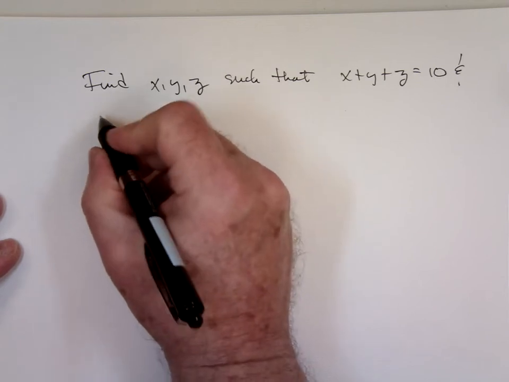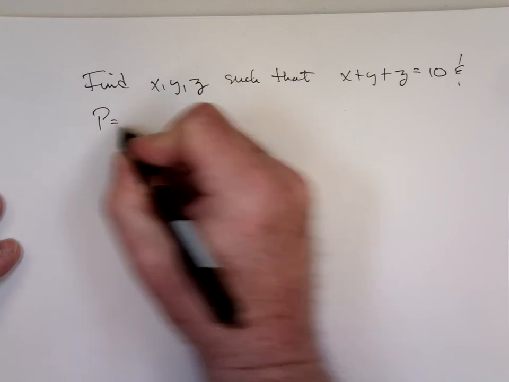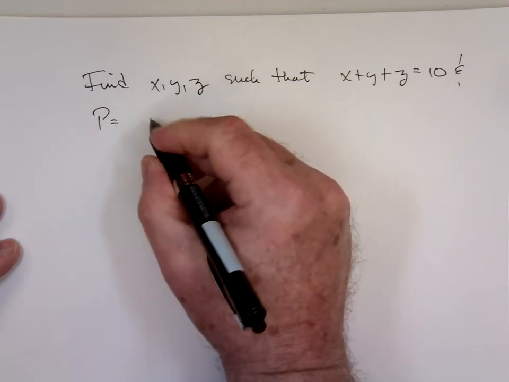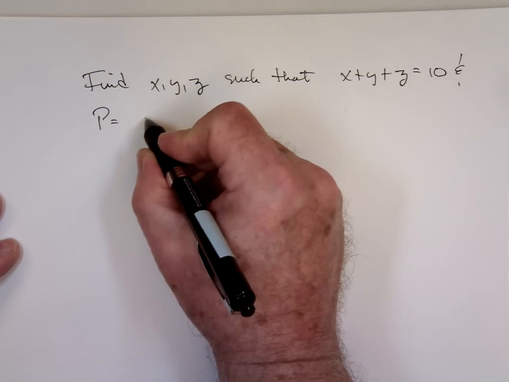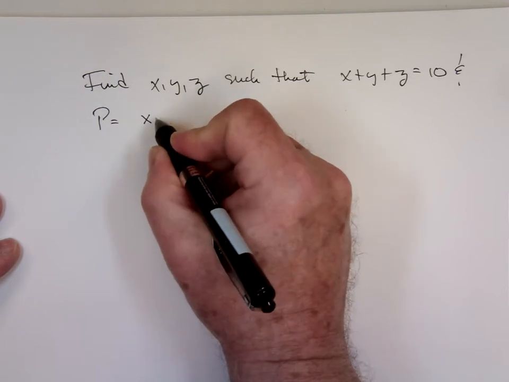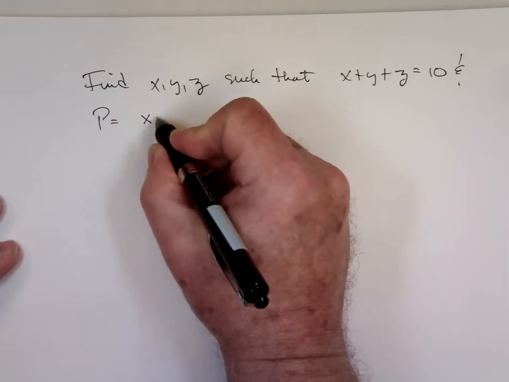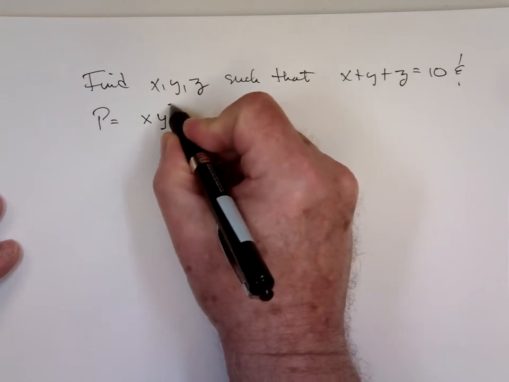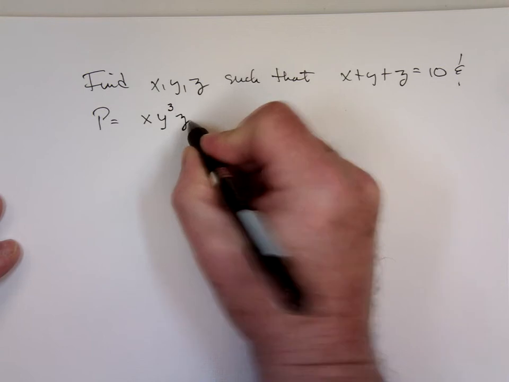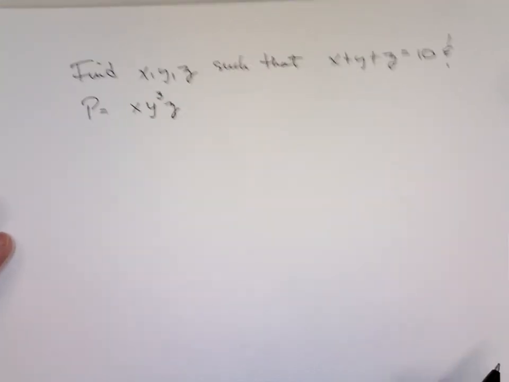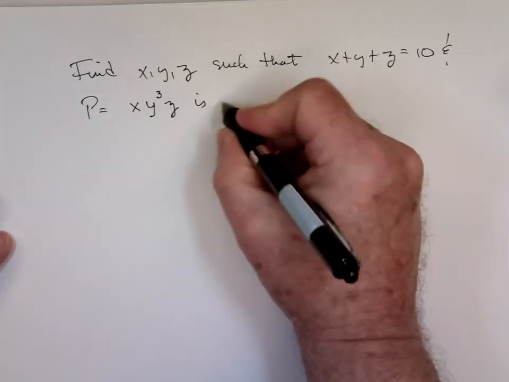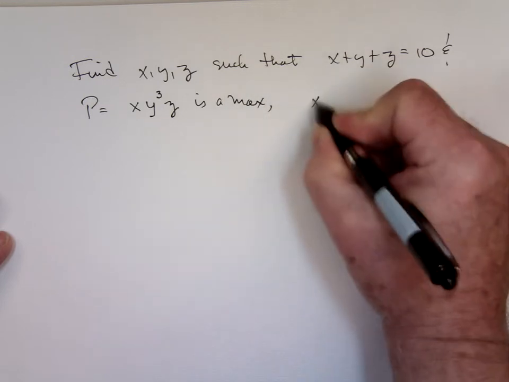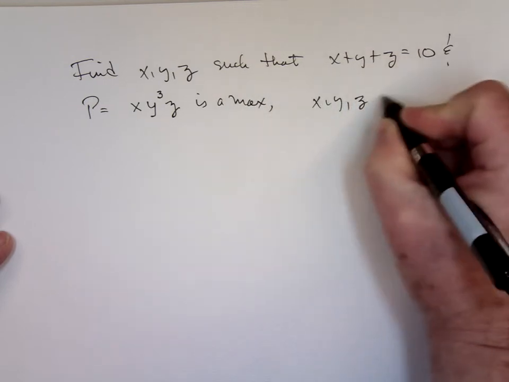This product of x, y, and z is a maximum. Okay. X, Y, and Z are greater than or equal to 0.